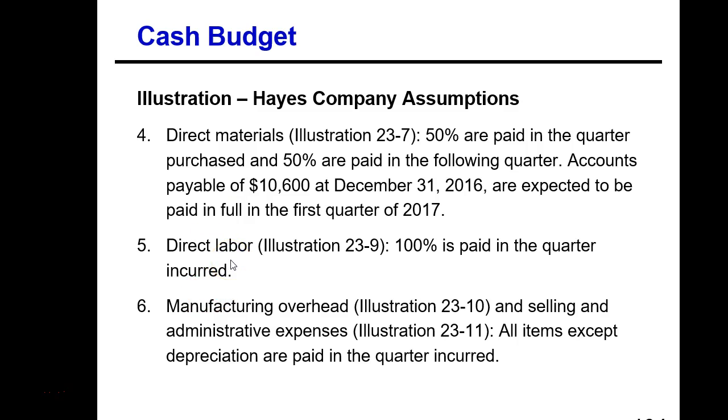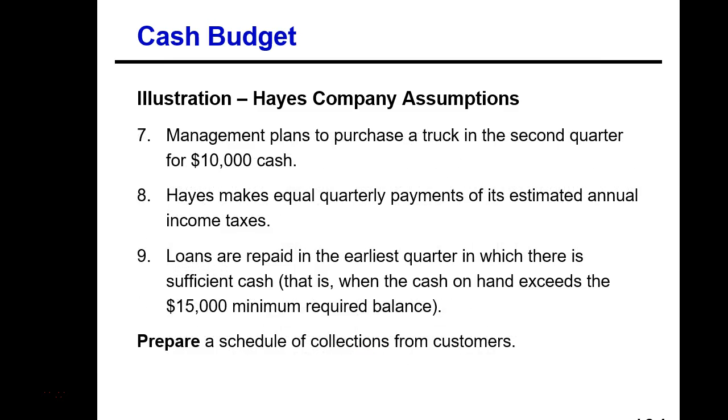Direct labor cost is paid 100% as it is incurred. Manufacturing overhead, selling and admin expenses, all other items except depreciation are paid in the quarter incurred as well. Now remember, we're doing a cash budget, right? Depreciation is a non-cash expense, so we'll see how that is going to factor into producing our cash budget.